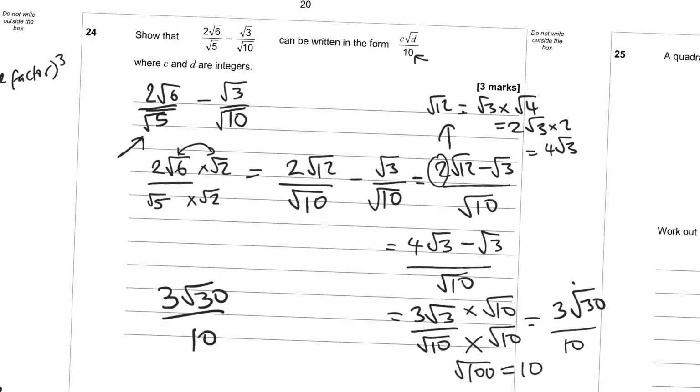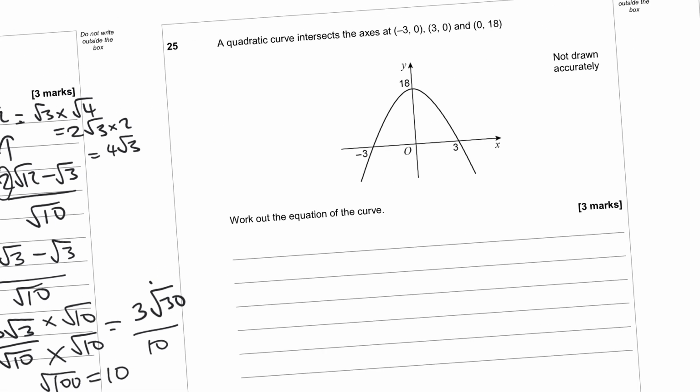With the root 30, we could essentially change this, but the reason why we are not going to change it is because it specifically wants our answer in the format of one whole number on the outside, the surd, and then the root 10 at the bottom. And we've got that, so that's going to be our final answer.